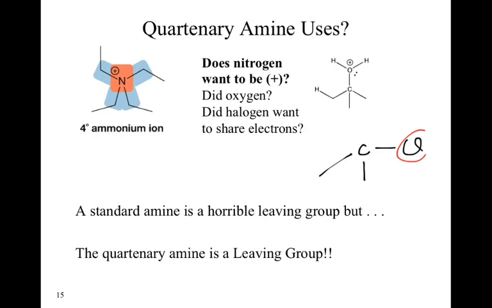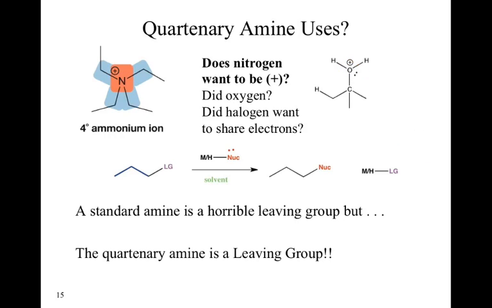In all of those cases, what we are noticing is that we have a really good leaving group. Those atoms do not want to hold that positive charge or share those electrons. Our standard amine may be a horrible leaving group, but as soon as we put on a bunch of carbons and make it quaternary, it now becomes a great leaving group. And that's a pretty solid deal.